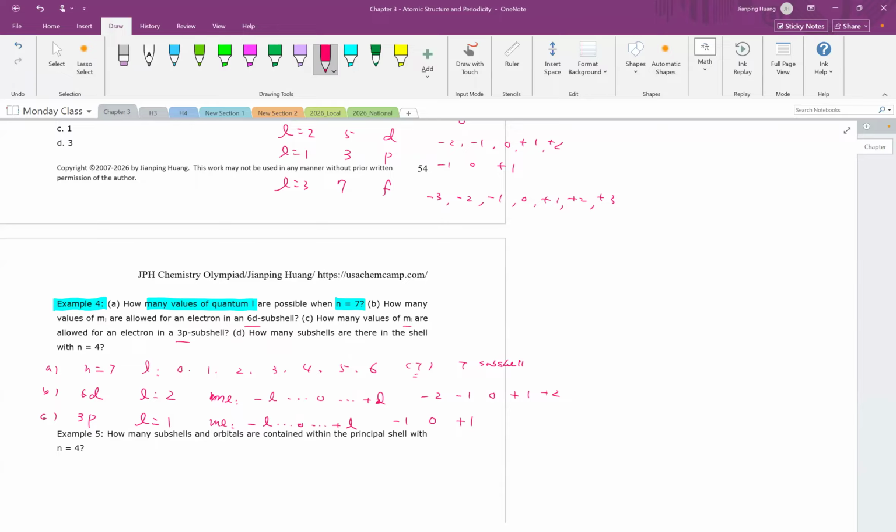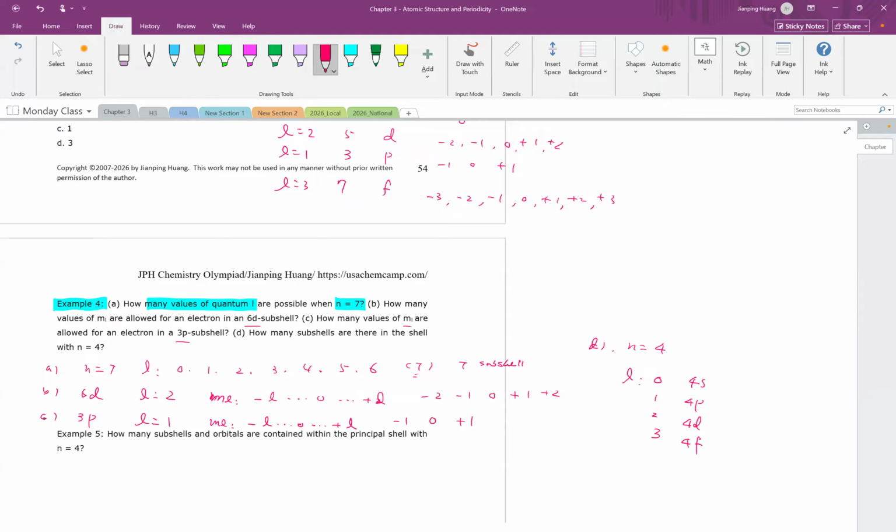Now go to D. How many subshells when n equals 4? That basically is how many L: 0, 1, 2, 3. So you have 4 subshells, and those 4 subshells have names: 4s, 4p, 4d, 4f.